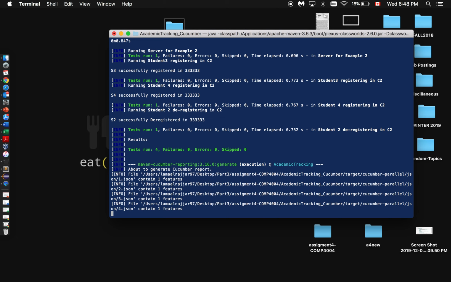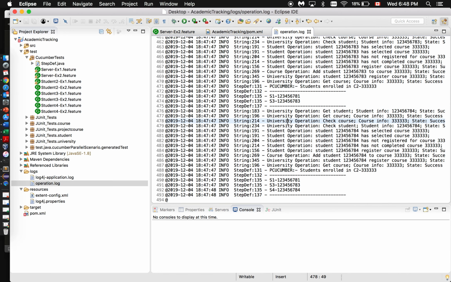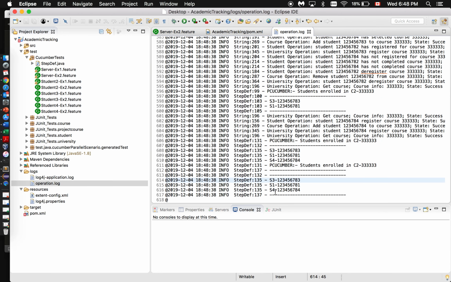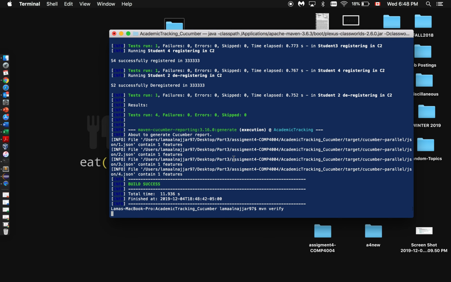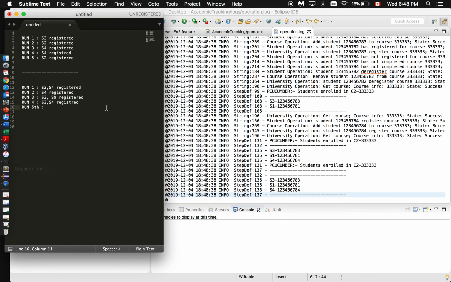Okay, we're not that lucky. We still see that both of the students were able to register. So for the fifth time, I'm going to say S3 and S4 registered.